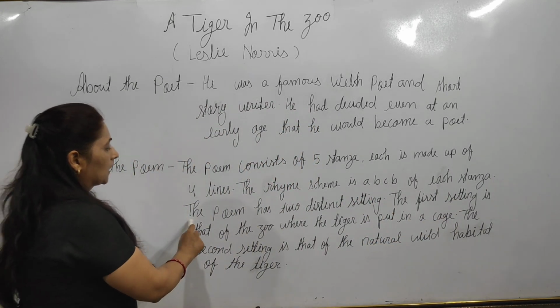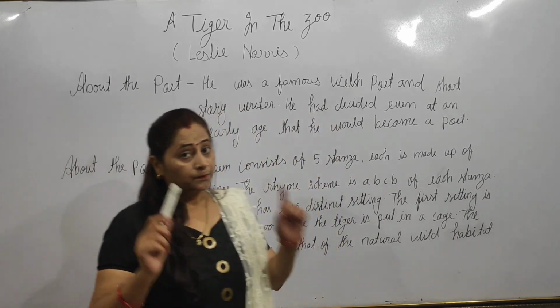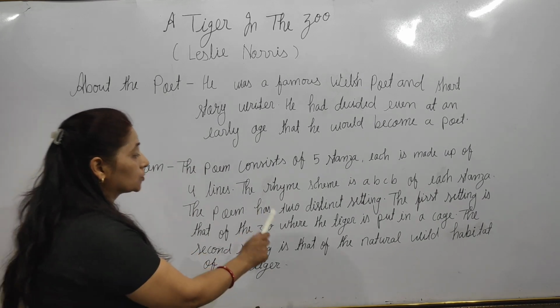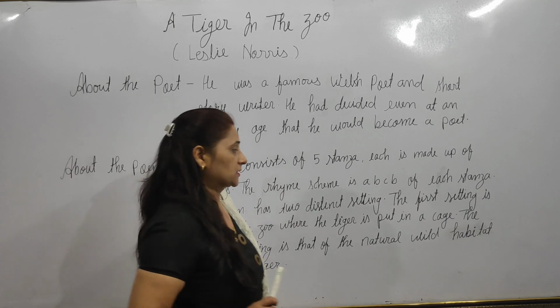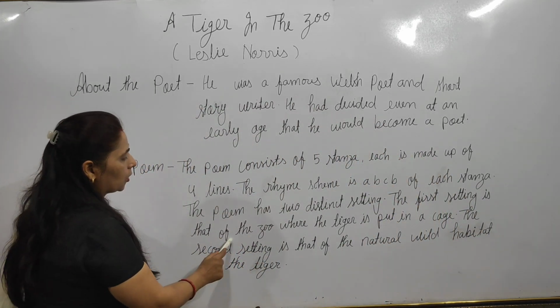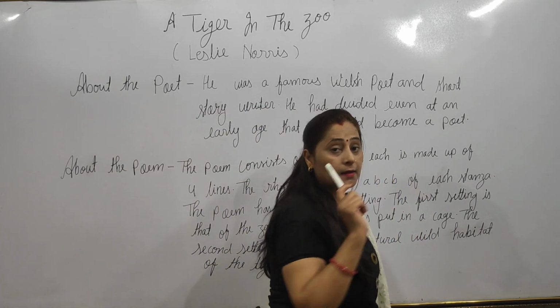Okay. The poem has 2 distinct settings. The poem The Tiger in the Zoo has two distinct settings. The first setting is that of the zoo where the tiger is put in a cage.